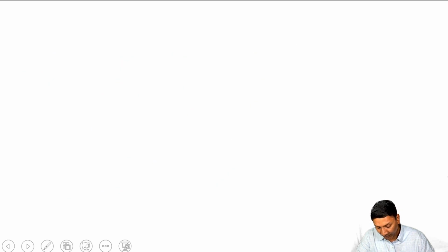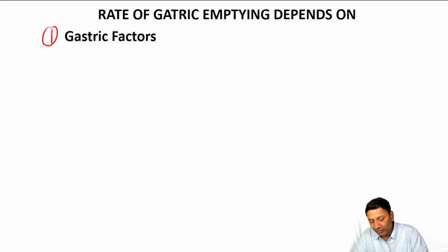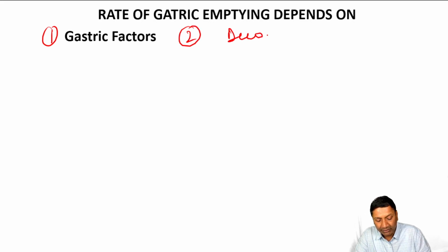Then, how is the rate of gastric emptying affected? The rate of gastric emptying depends upon two things: one is the gastric factors and the other is the duodenal factors, right.